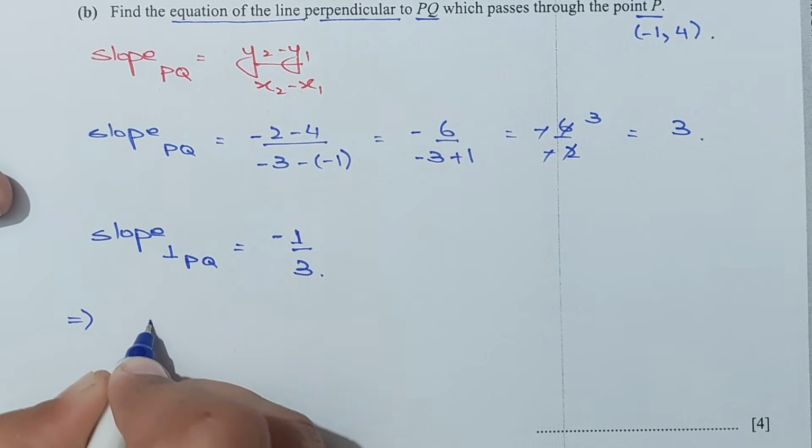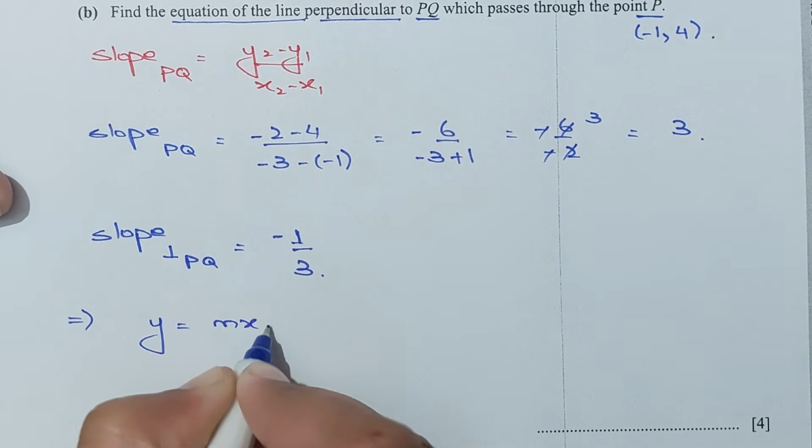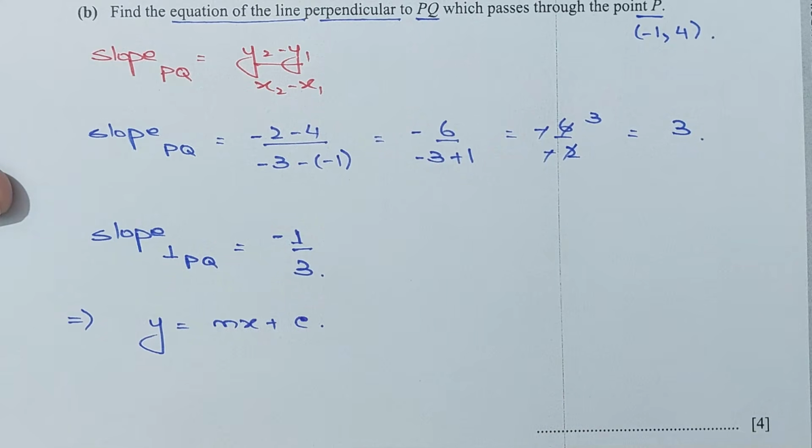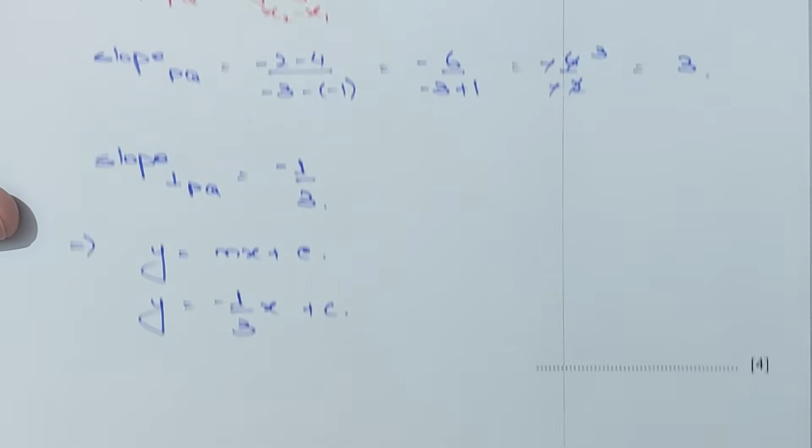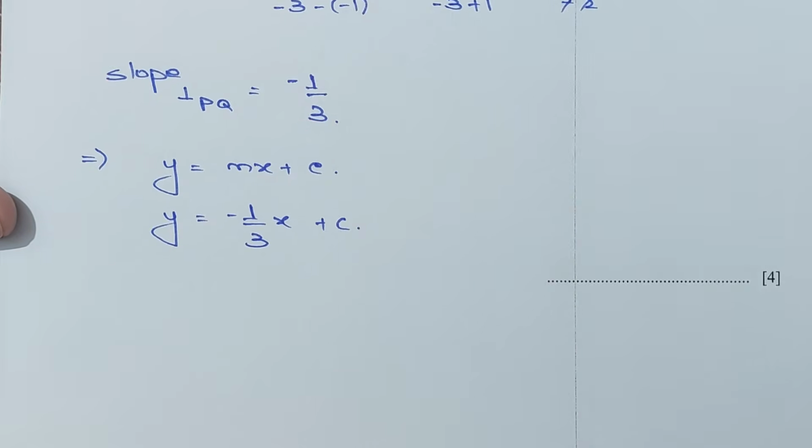Now let me write down the line, y equals mx plus c. This is the equation of a straight line. So the slope is -1 by 3, x plus c. To get the value of c, we have to use the point P because the line passes through P. The x value is -1 and the y value is 4.